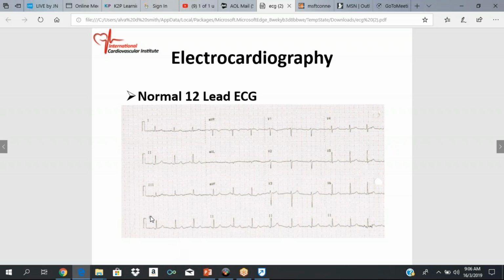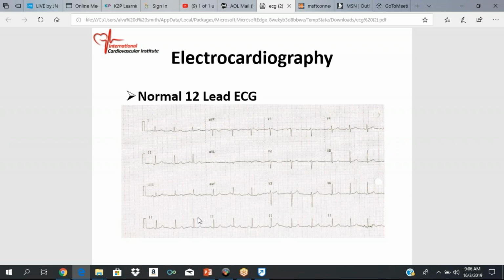There are big grids. Periodically you see these dense lines going down vertically. We call the space between those the big blocks.